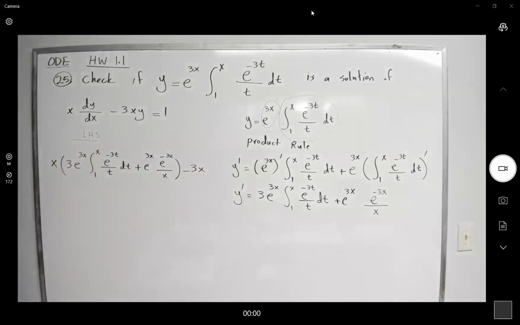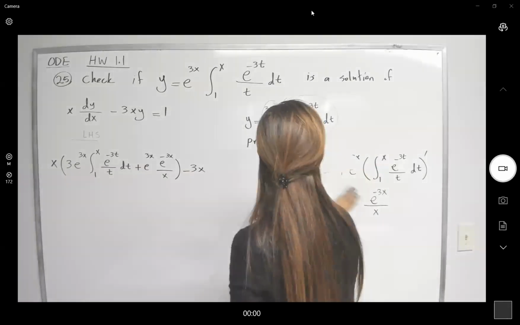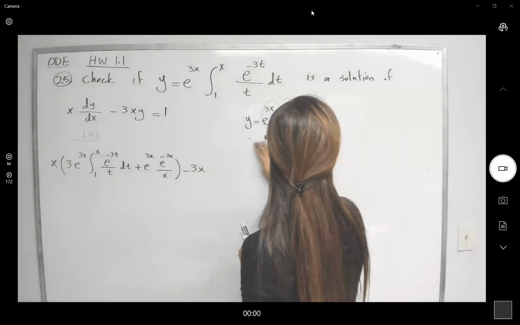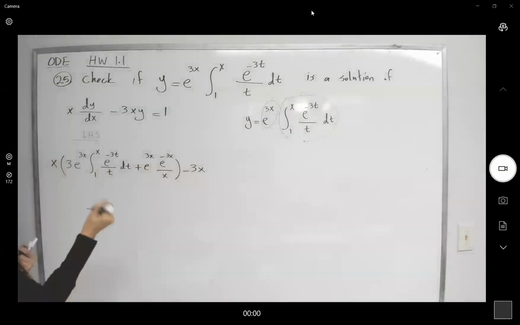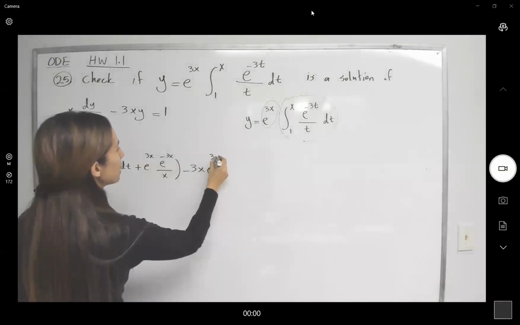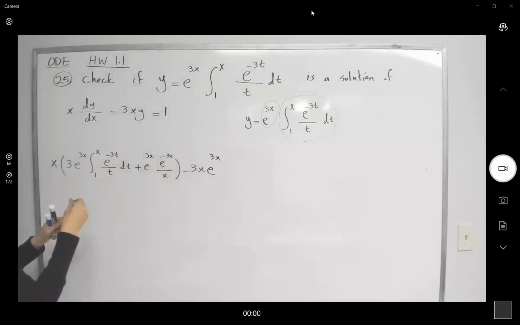So let me erase this part of the board and rewrite this on the other side. So you get minus 3x times y, which is e to 3x times the integral from 1 to x of e to negative 3t divided by t dt. You're still on the left-hand side of the equation.